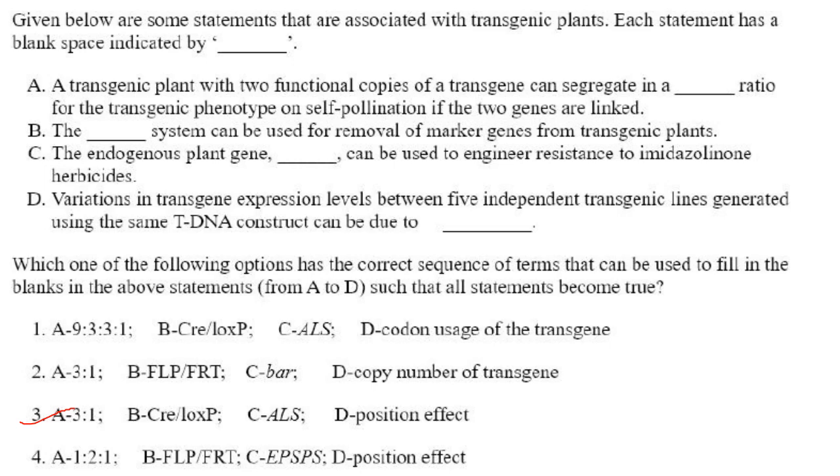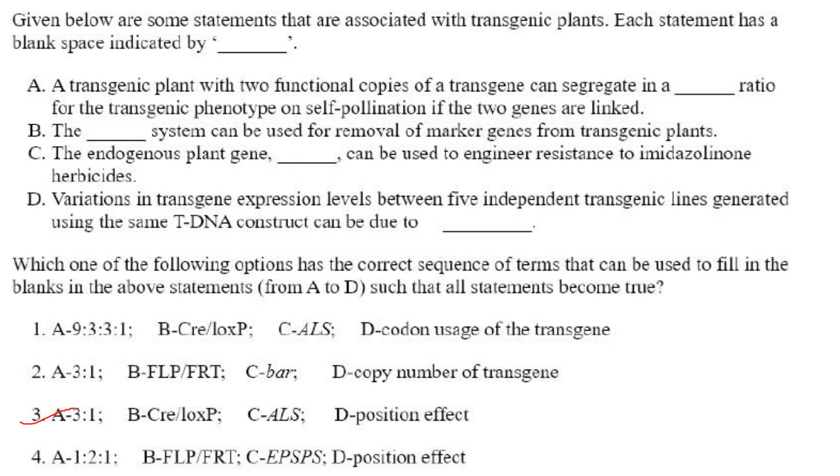The dash system can be used for the removal of marker genes from transgenic plants. Cre-lox can be used. B. The endogenous plant gene dash can be used to engineer resistance to imidazolinone herbicides, that is ALS. That is acetolactate synthase is inhibited by imidazolinone herbicides. So option 3 becomes more correct.